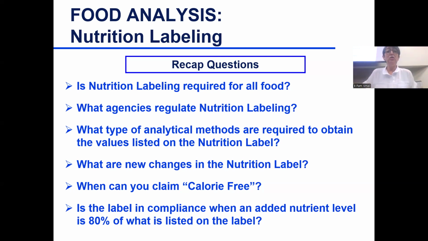What are the new changes in the nutrition label? The new nutrition label, how is it different? Go ahead, Alan. The calories and serving sizes are much larger and bolder. Yes. What about a mineral that was added, Ali? Vitamin D, yes, it's the vitamin that's been added, and vitamins A and C were removed.